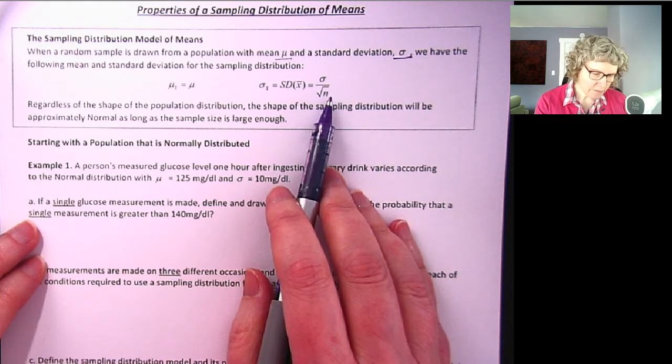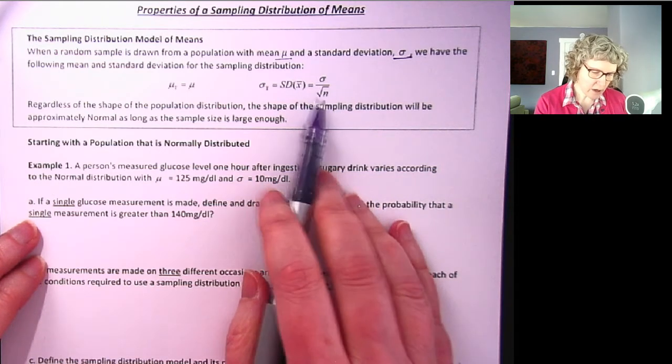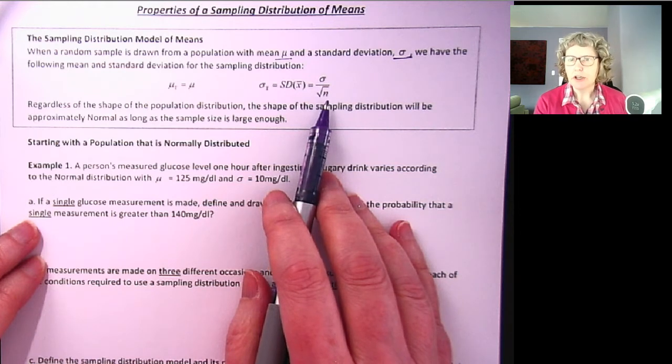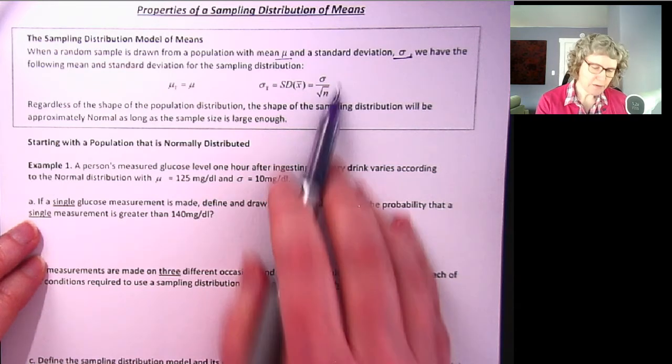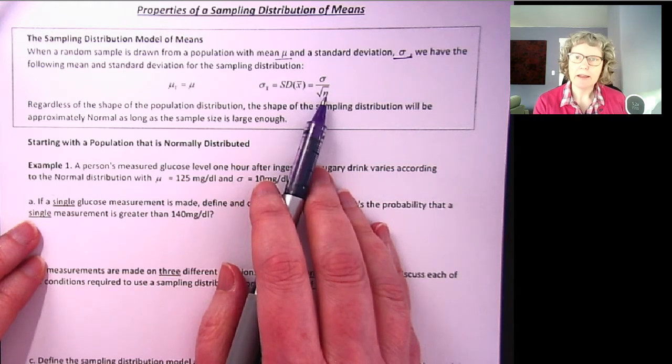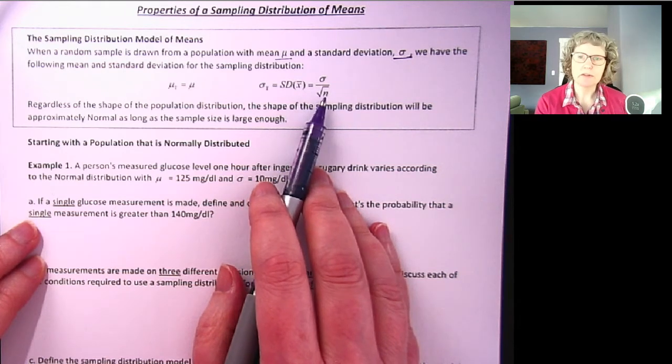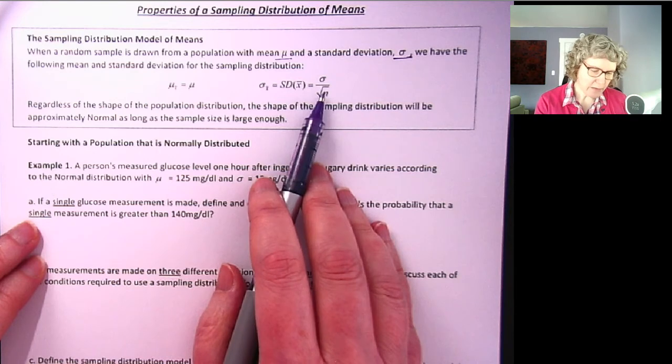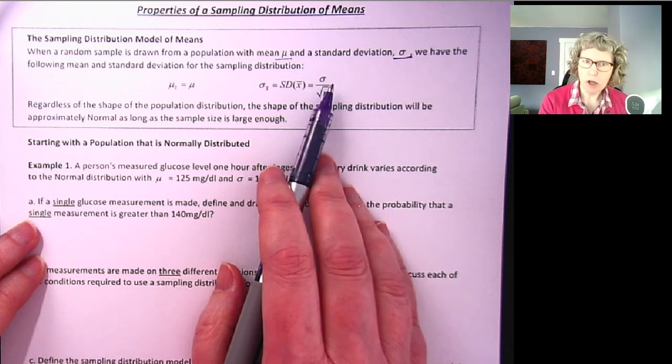So this fits with the pattern we saw, that as n gets bigger, our new standard deviation gets smaller. If you divide by a bigger and bigger n, even taking the square root, it's still going to be bigger, and when you divide by a bigger number, you get a smaller number.